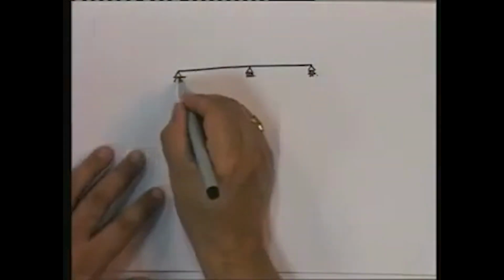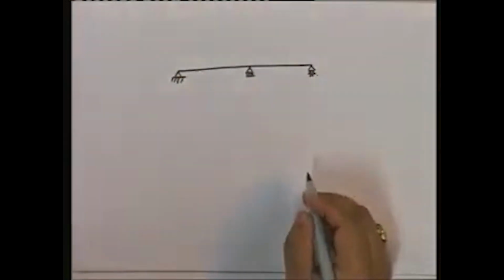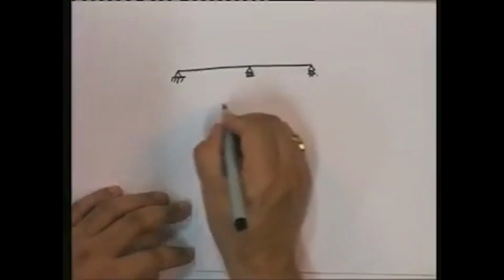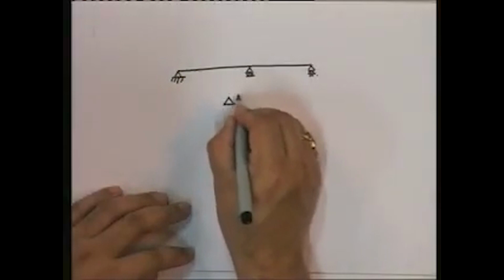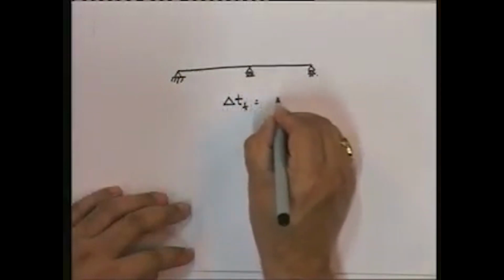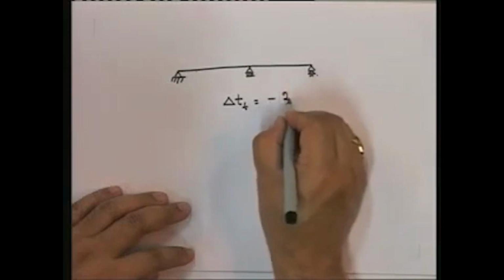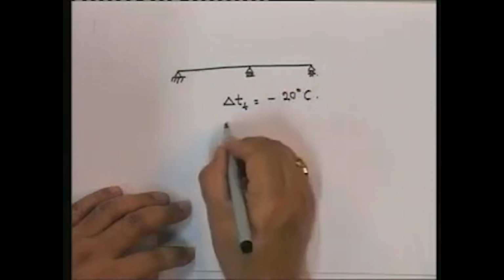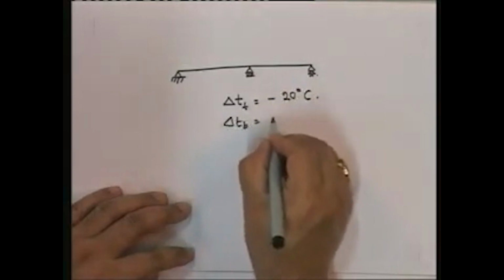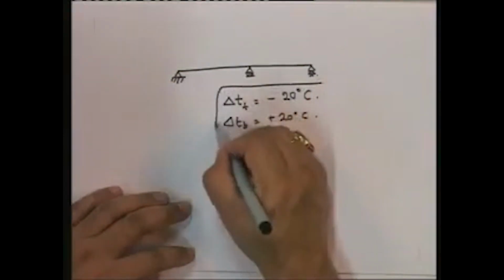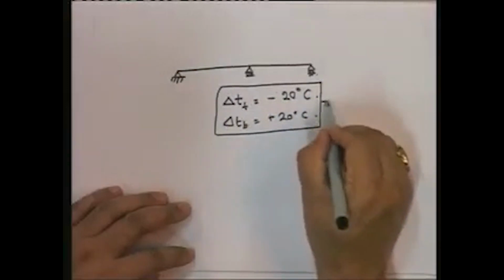This is the structure, and I have a situation where the top delta T top is equal to minus 20 degrees and delta T bottom is plus 20 degrees. Let me put this kind of a situation.